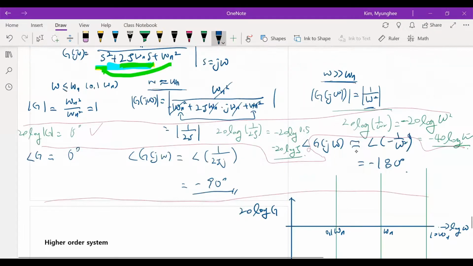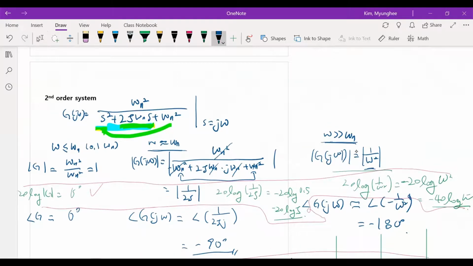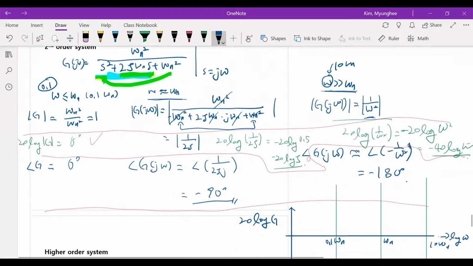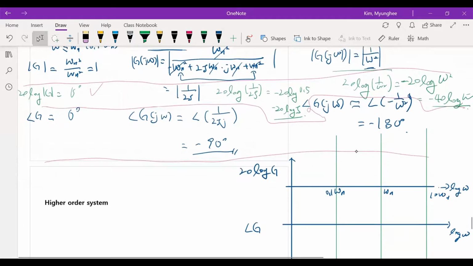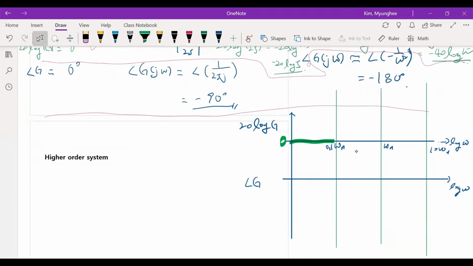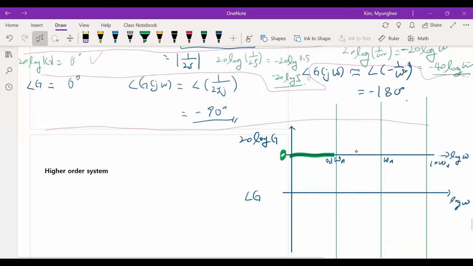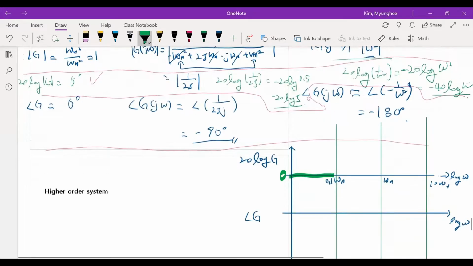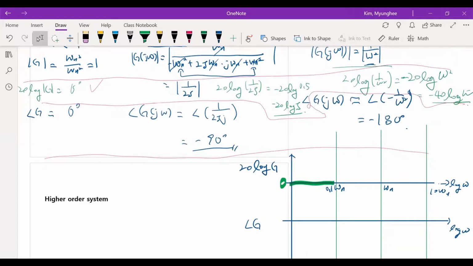This is very, very small, meaning 0.1 ωn, and then some near the same, and then large means that 10 times larger. And then when it's very small, the log magnitude is 0.